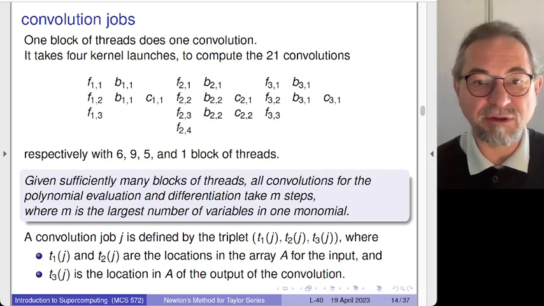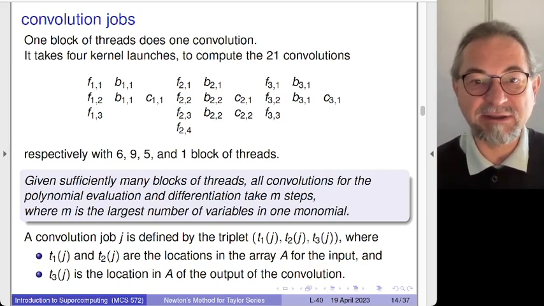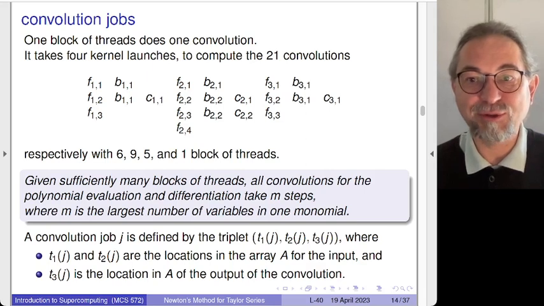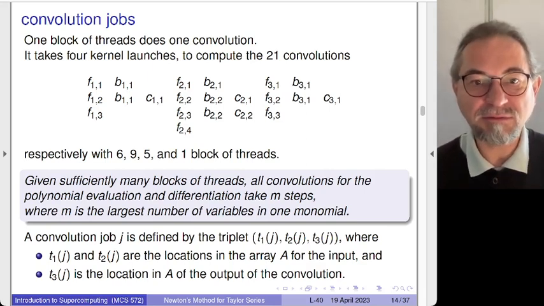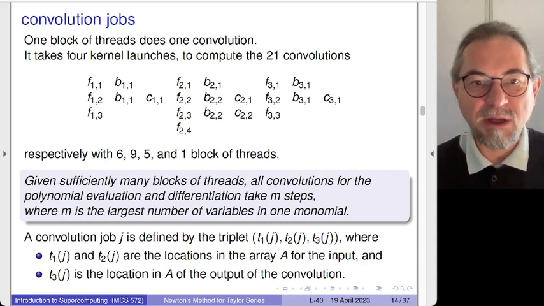And again, the main result is what I announced already, that the largest number of variables in one monomial is going to determine how many convolution layers one needs. I should say what I actually sweep under the rug now are powers.